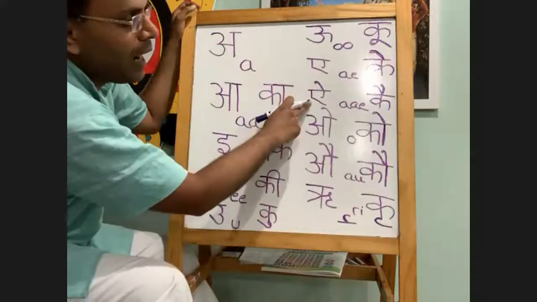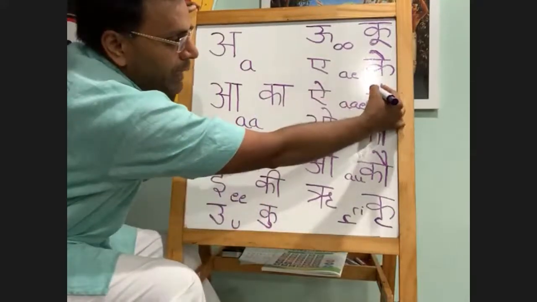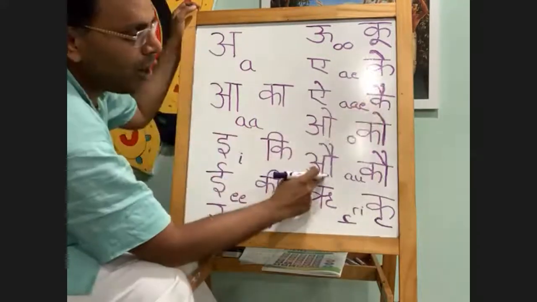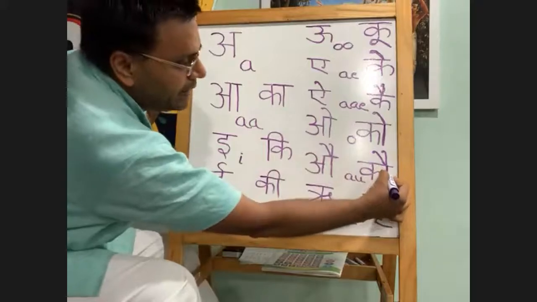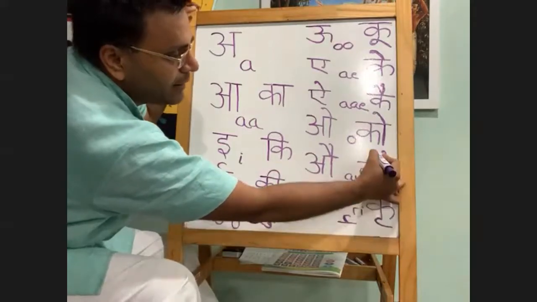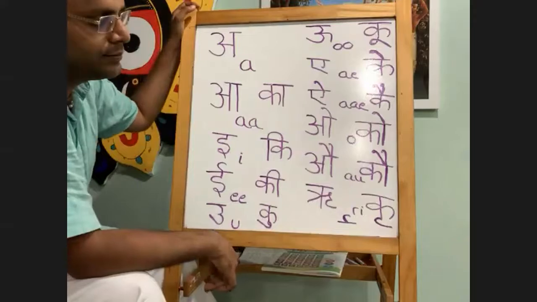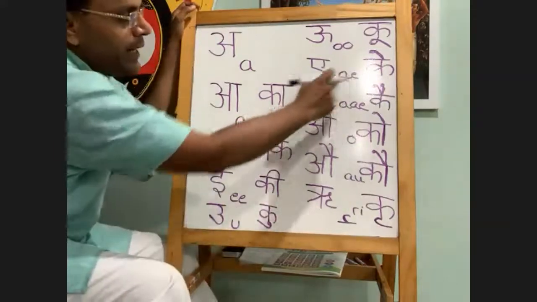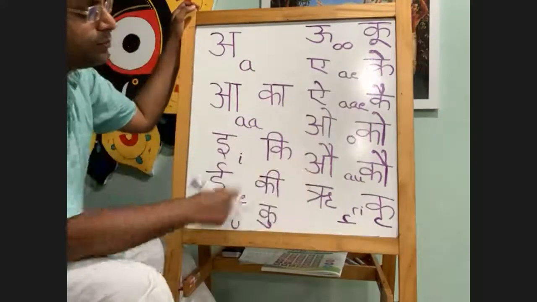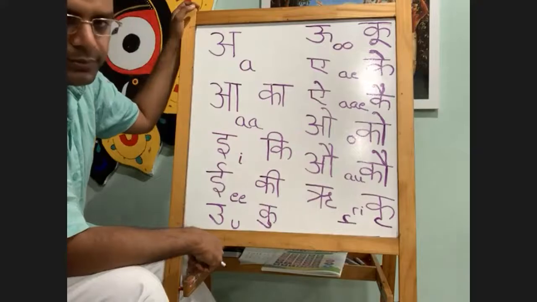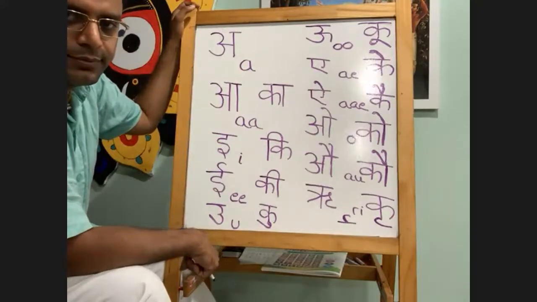The same way in I there are two top lines here, whereas in O there is a straight line and then on top of that line there are two lines on top. So A, I, O, OW. Is it clear?